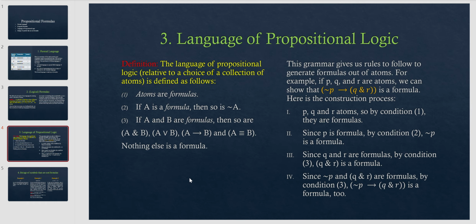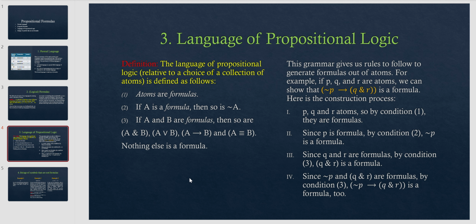And our language of propositional logic, let's deepen our knowledge in this domain. And our definition: the language of propositional logic relative to a choice of a collection of atoms is defined as follows. First, atoms are formulas.